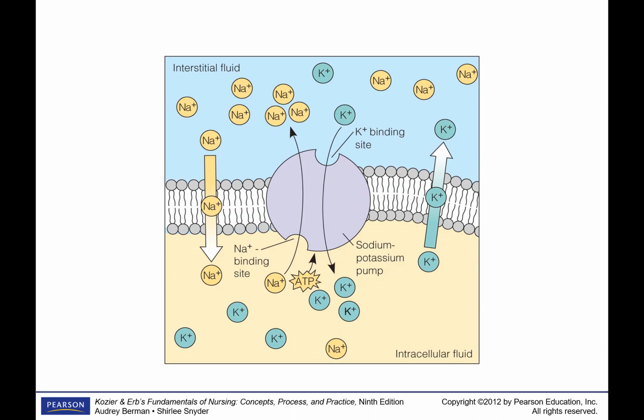You have the sodium potassium pump trying to put potassium into the cell and push sodium out of the cell, even though it is naturally kind of going the opposite direction, in order to equalize the concentrations on each side of the cell membrane. So that pump requires energy in order to keep sodium and potassium on the sides of the semipermeable membrane that they need to be on.